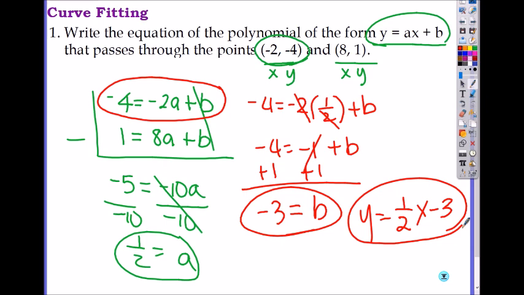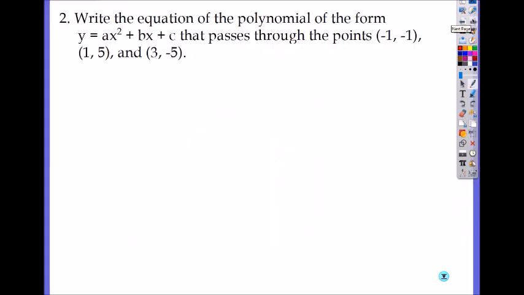Now, what if you have a quadratic equation, a trinomial? Write the equation of a polynomial of the form y equals ax squared plus bx plus c. And they gave you x and y again. But how many pairs of x and y? 3. So we can write a 3 by 3 system of equations.